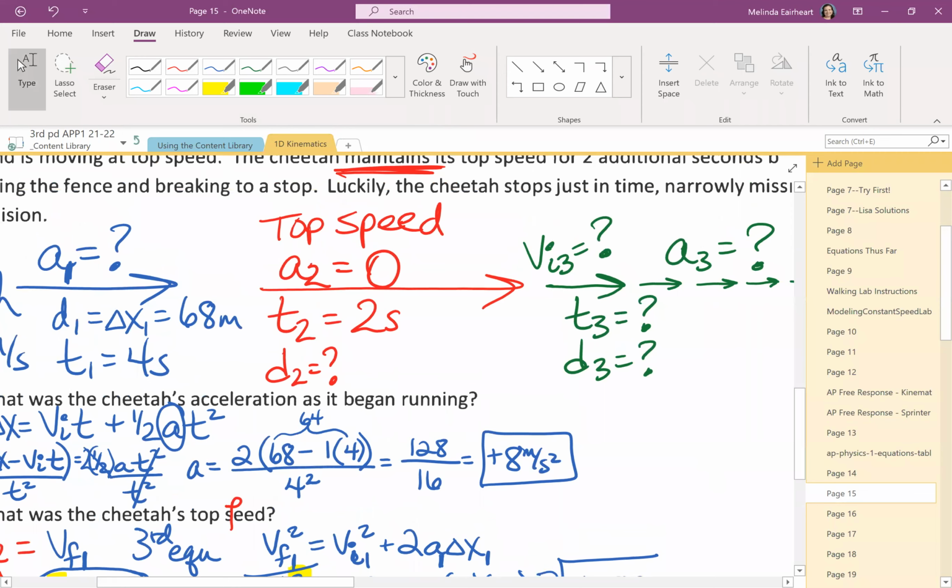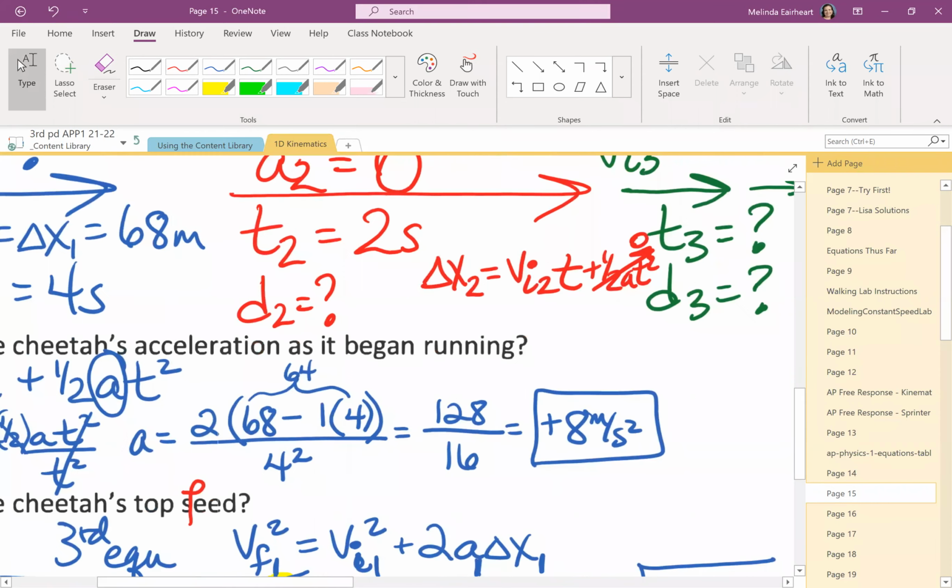33? So if I know this top speed is 33 meters per second, and it happens for 2 seconds, aren't we basically doing the displacement of 2? And then once again, 1/2 at squared zeroes out.